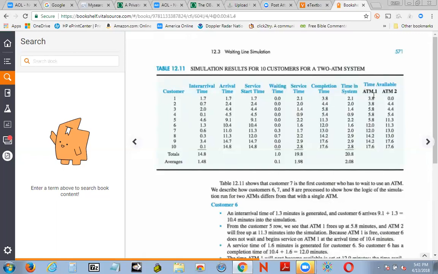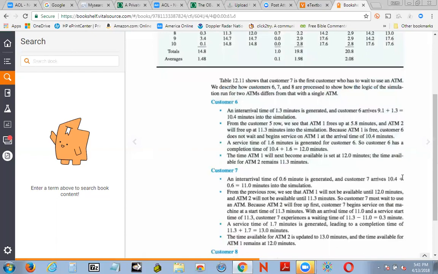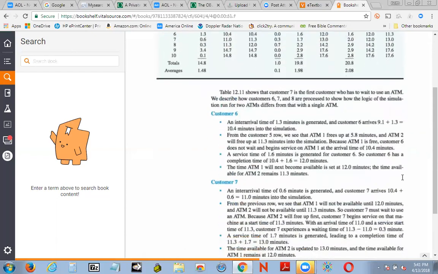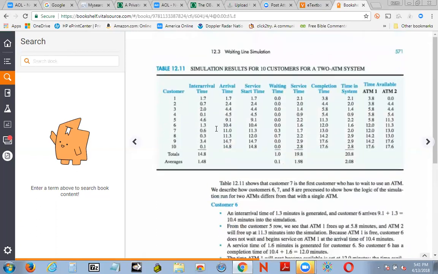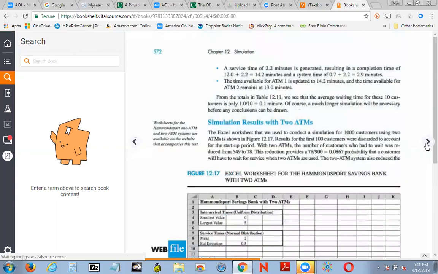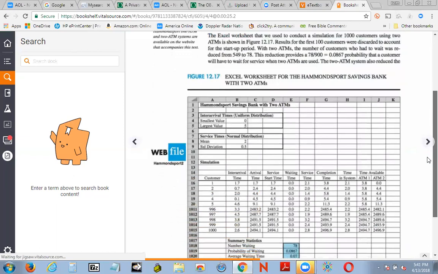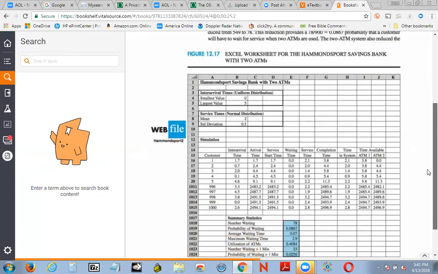Okay, and we have time, ATM 1, ATM 2. And then they walk us through these customers 6, 7, and 8. And again, where we got the arrival times, etc., and we get those averages. Now they show us the simulation results with 2 ATMs.